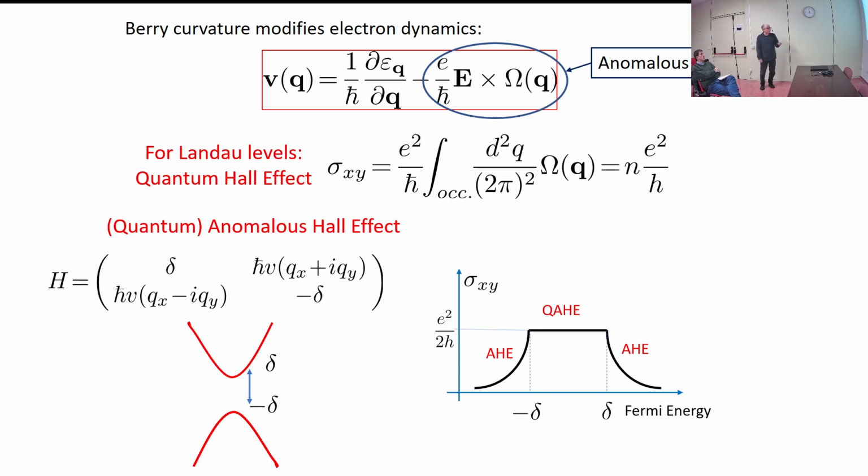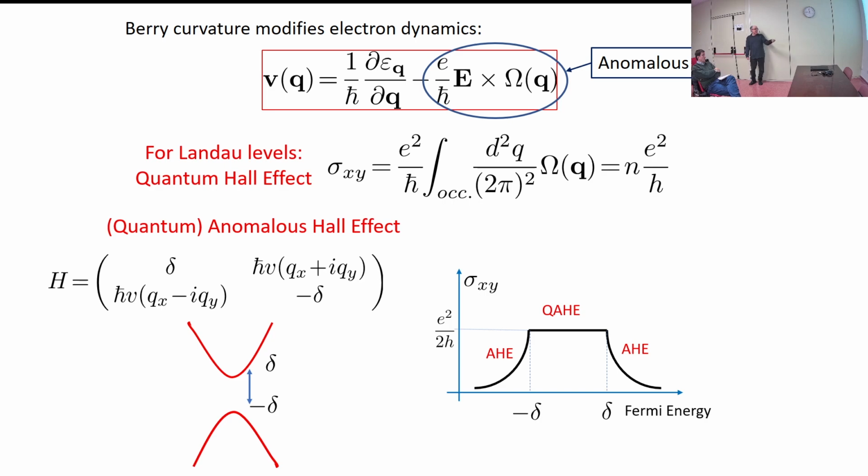But there are more recent places where people think about the same kind of physics. For example, if you have a Dirac Hamiltonian with a gap, you can imagine putting your chemical potential down here and then computing the Hall effect. Using this term over here, you'll discover it's non-zero as long as your Fermi energy is going through the band.